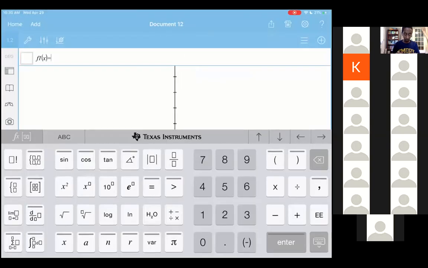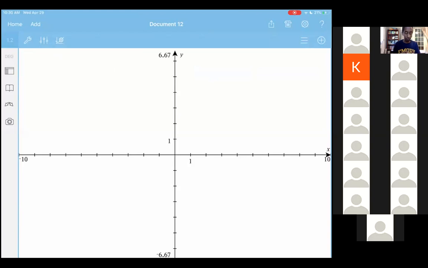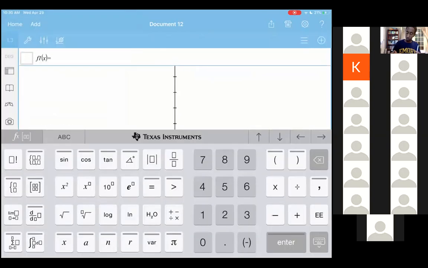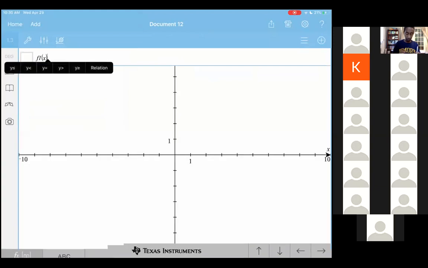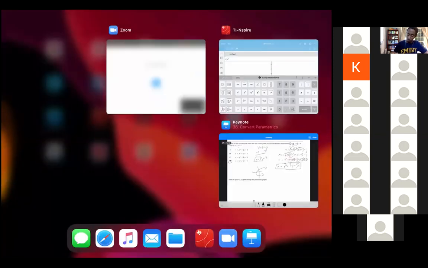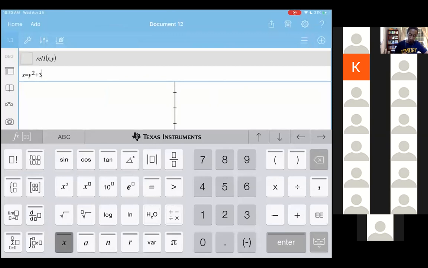Dang it. Man, I'm having trouble on here. Okay, x equals y squared. What is it? Plus 3y minus 5.